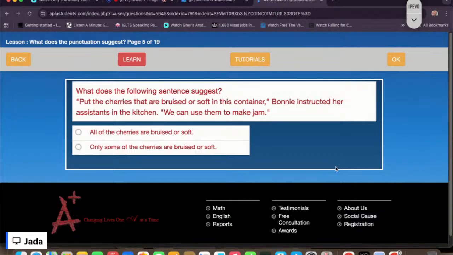Put the cherries that are bruised or soft in this container, Bunny instructed her assistants in the kitchen. We can use them to make jam. First or second?